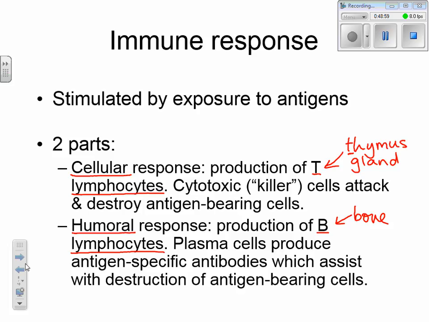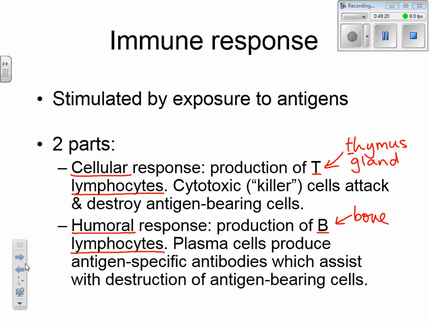All right, so we've got T lymphocytes and B lymphocytes, and they do slightly different jobs. The key thing with the T lymphocytes is the production of these killer cells, the cytotoxic cells. The B cells are mostly responsible for production of antibodies. The way that they do this is that they divide to produce what's described as a clone.